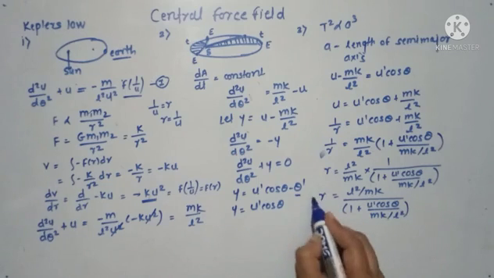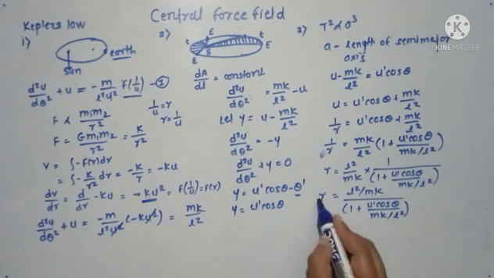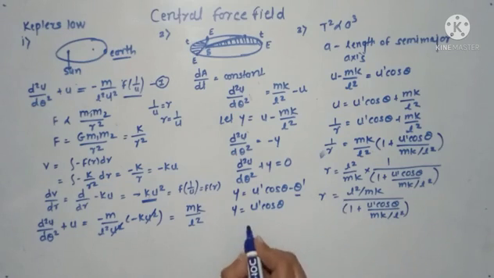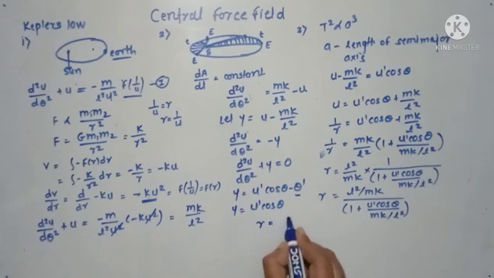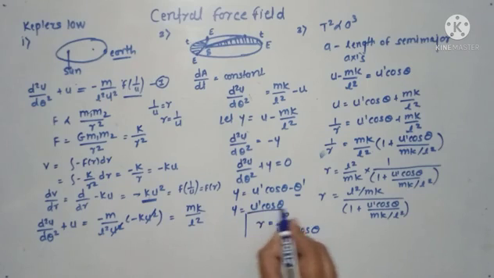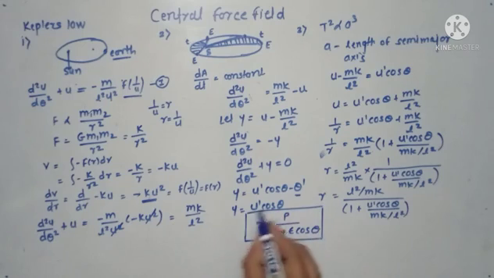So this is r, and this resembles r = p/(1 + ε cos θ), which is the equation for any conic section, derived previously from mathematics.